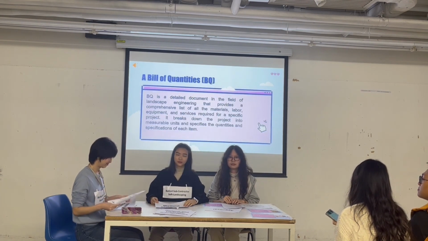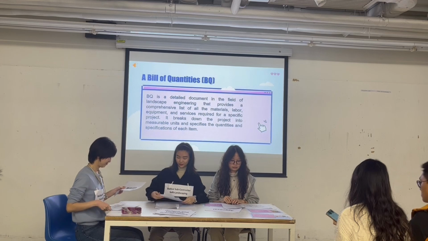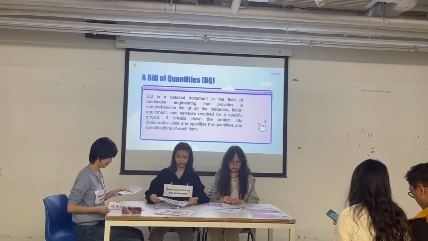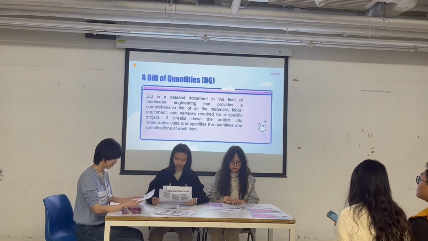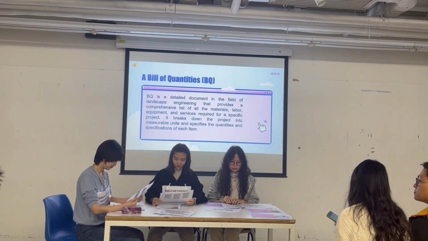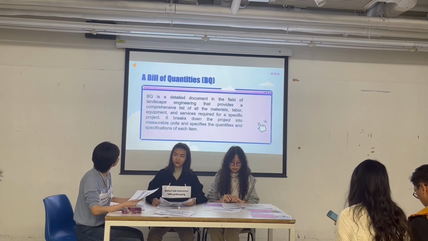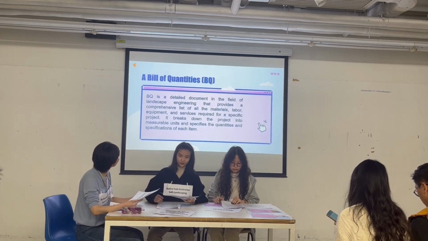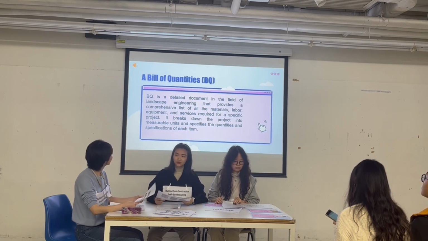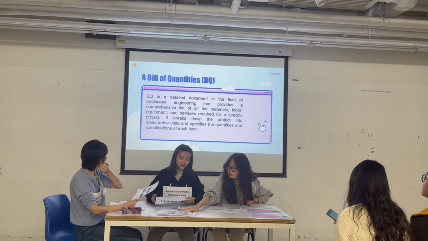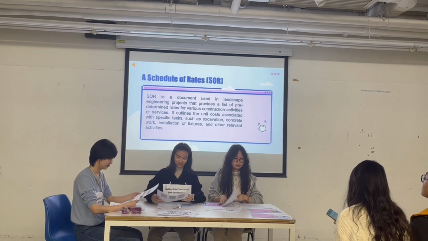The BQ is a detailed document in the field of landscape engineering that provides a comprehensive list of all materials, labor, equipment and services required for a specific project. They break down the project into measurable units and specific quantities and specifications of each item.